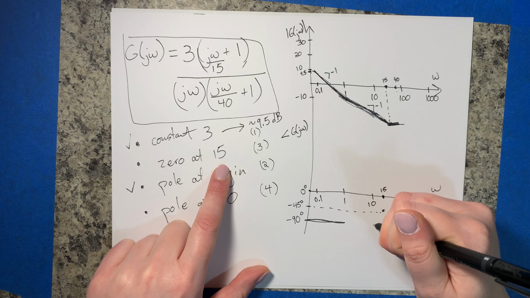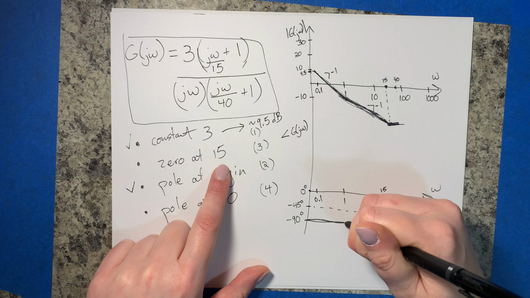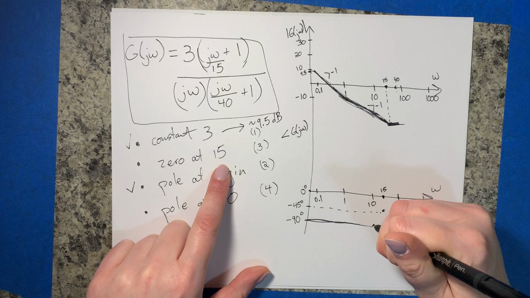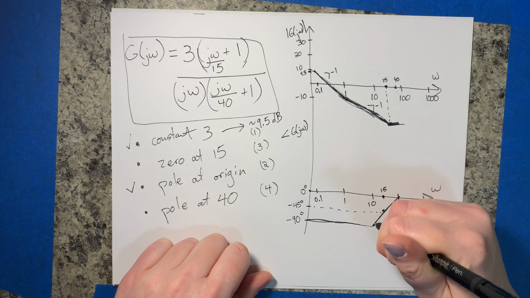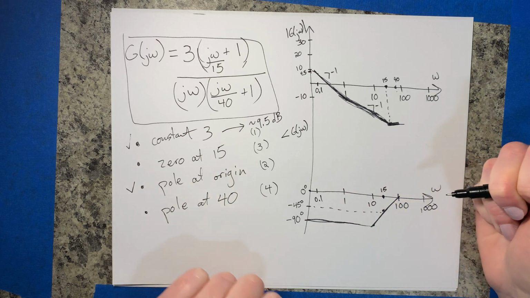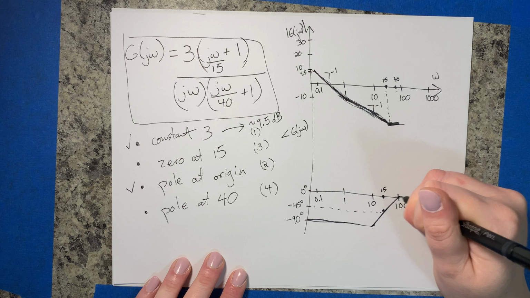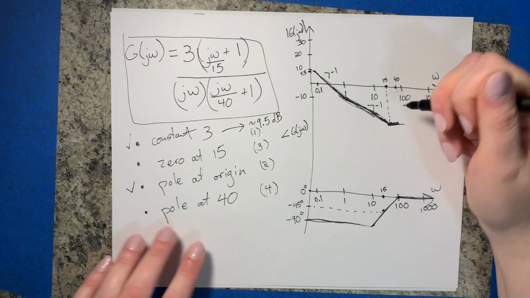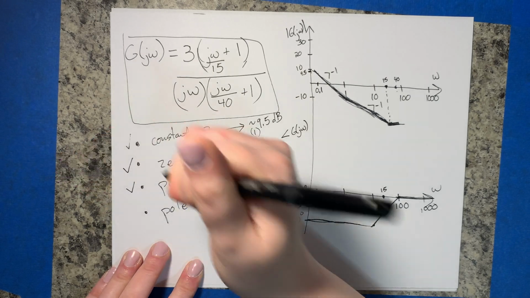Okay, so I'm going to start my effect at the beginning of this decade and then finish at the end of the decade. So that means that I will go up just like that. And if there's no more information, this would just continue on at 0. Okay? All right, so we've taken care of that 0 at 15.